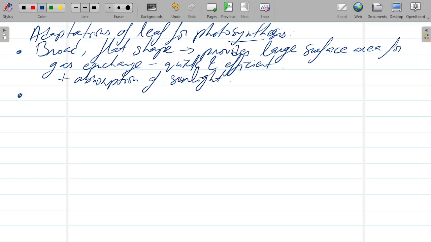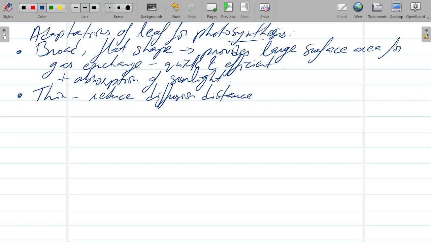The next is that the leaves are thin, and so they reduce the distance required for the gases to diffuse. When we discussed diffusion back in transport across membranes, I believe, or whatever the formal title of the chapter is, movement into and out of cells. Right, that's chapter 3.